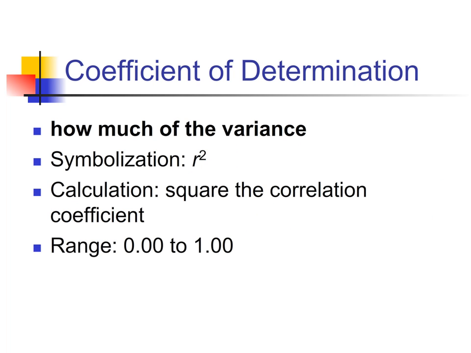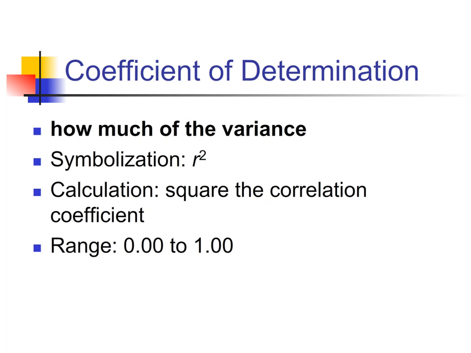So where your correlation coefficient is symbolized with an R and gives you the degree and type of relationship amongst two variables, the coefficient of determination is symbolized R squared, and it is literally just taking the correlation and squaring it. And it tells us how much variance is shared between two variables.